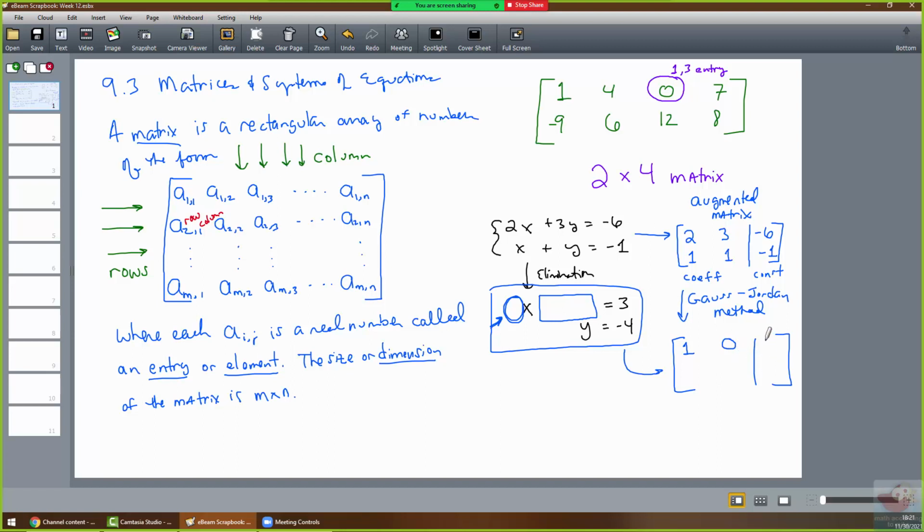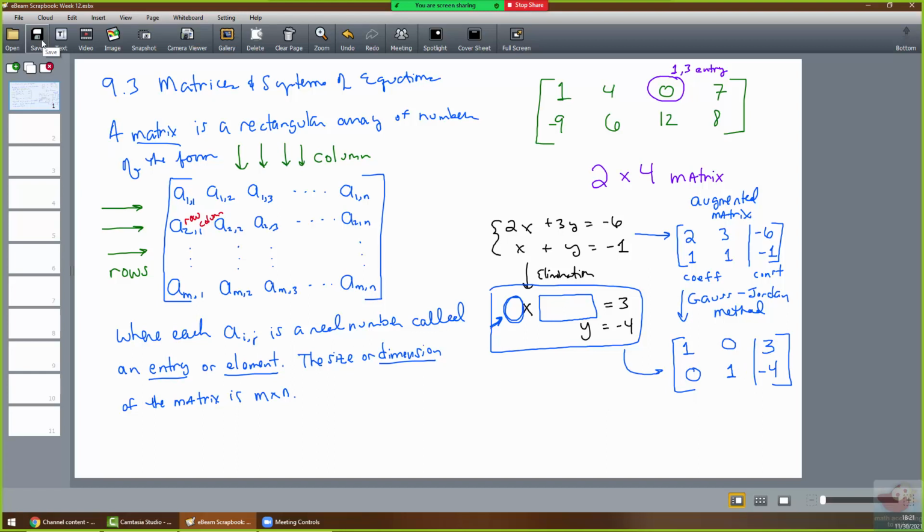And the right-hand side is 3. And how about the equation y equals -4? What would that look like as a row? Zero, 1, -4. Very good. We have no x, there's one y, and the constant is -4.